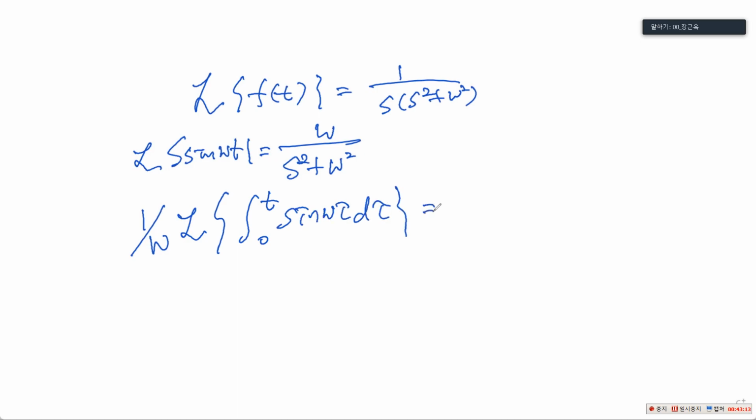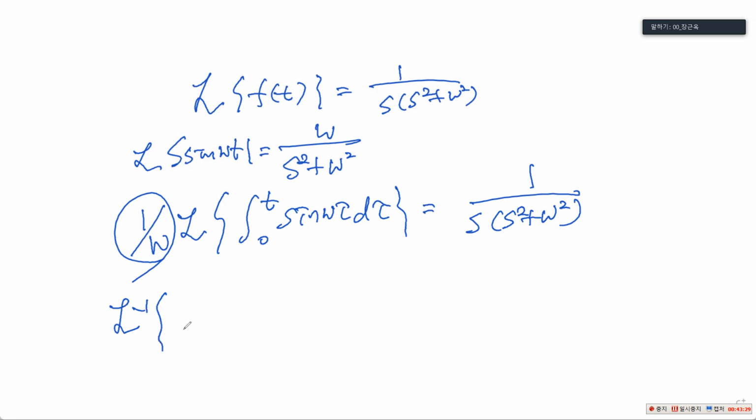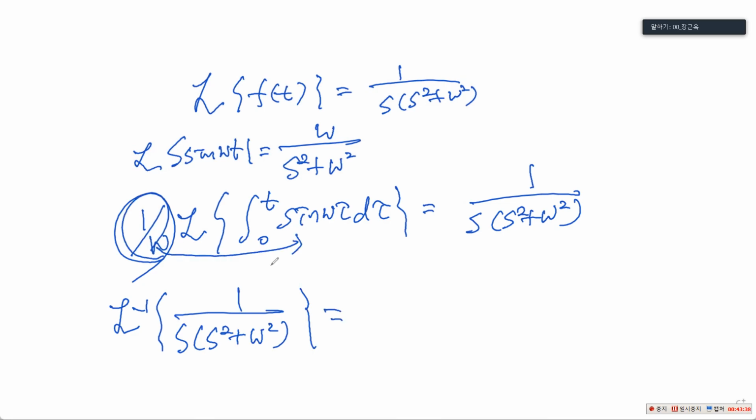Since we know that here and we already multiply 1 over omega, it is given by, we can divide, it can go inside, so the integral from 0 to t of omega sine omega tau d tau.